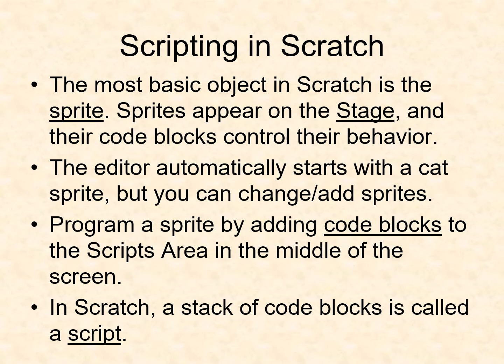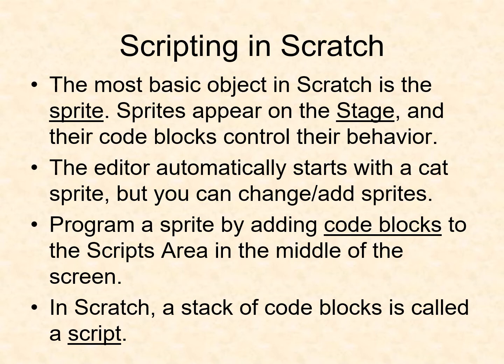Scratch represents object-oriented coding. So to code an object, we have to see what types of objects are available in Scratch. The most basic object is a sprite, and a sprite is an avatar or a character. Sprites appear on the stage, and blocks of code control what they're going to do, what kind of behavior they're going to have.